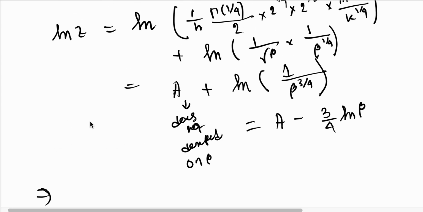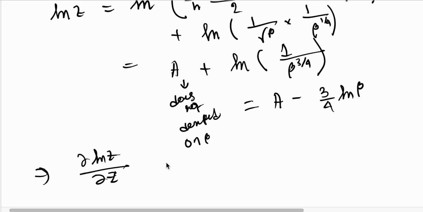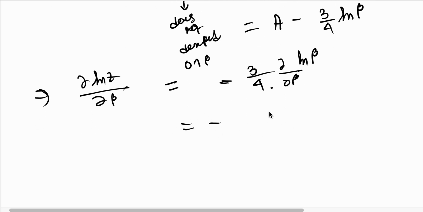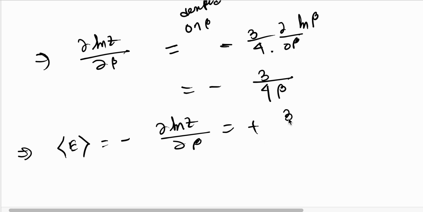So if I differentiate ln z with respect to beta, I will get minus 3/4 del beta of ln beta, which will give minus 3/4 by beta. That means the average energy, minus del ln z by del beta, will be plus 3/4 by beta.